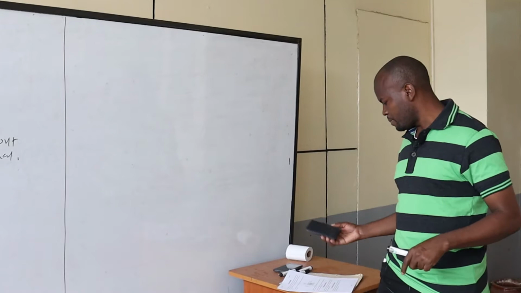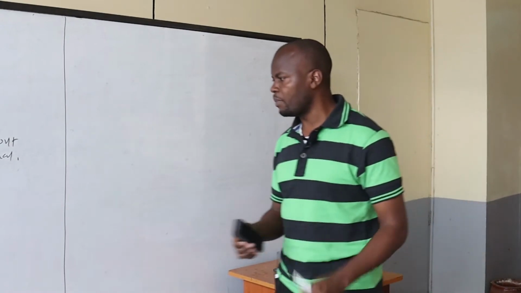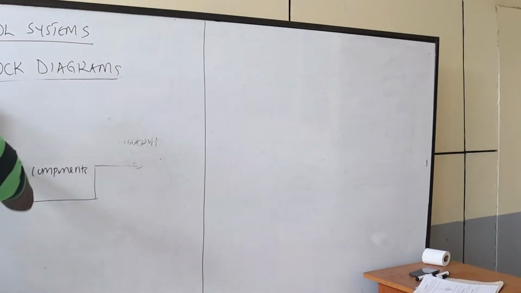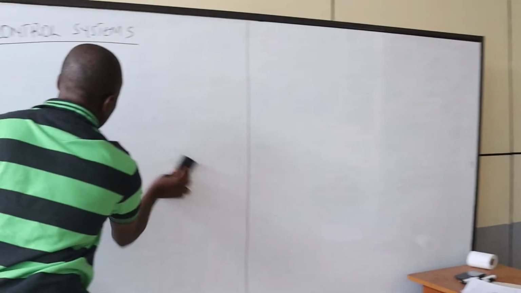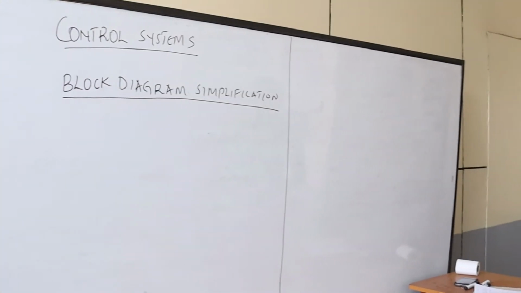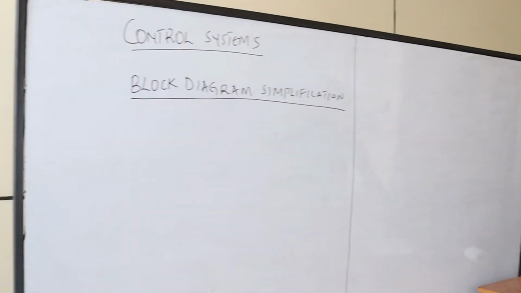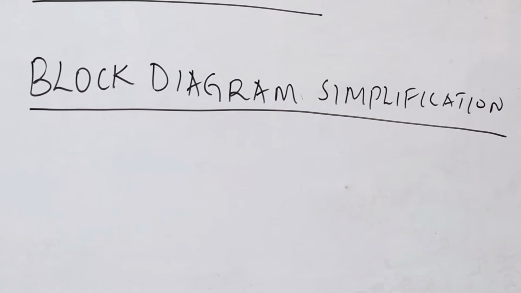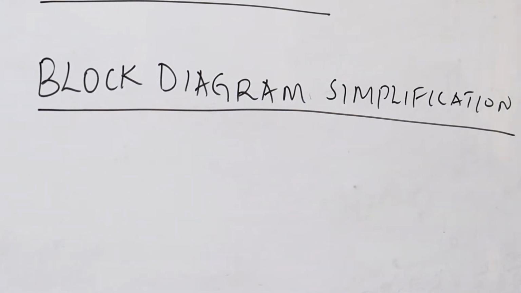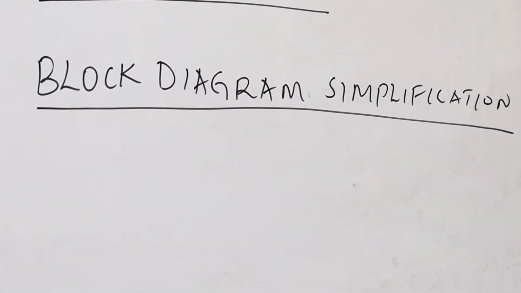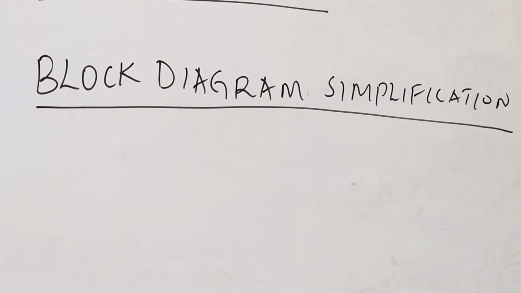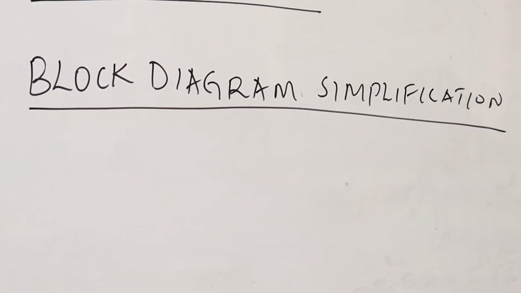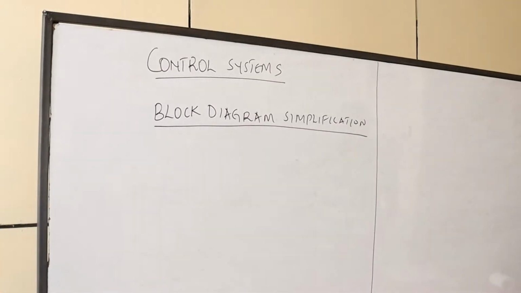So I want us to go to something that we can refer to as block diagram simplification. As far as block diagram simplification is concerned, a control system usually consists of several kinds of components.